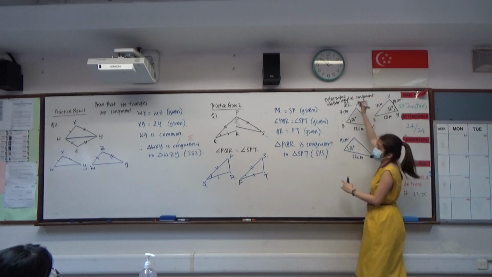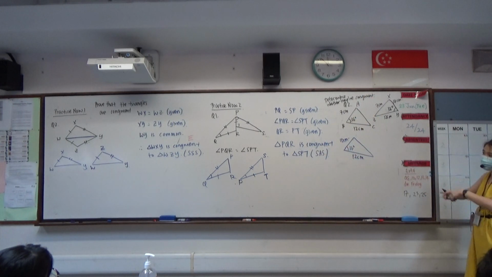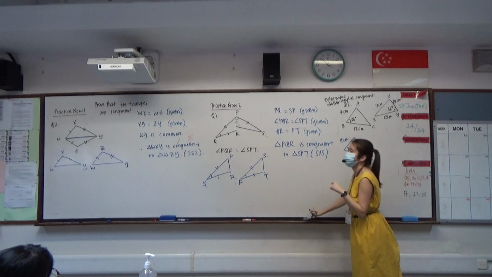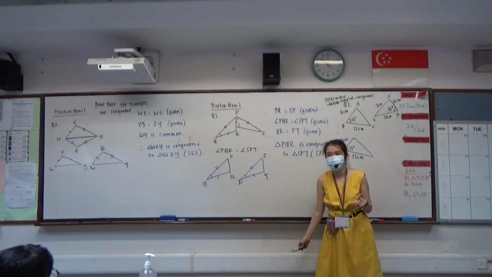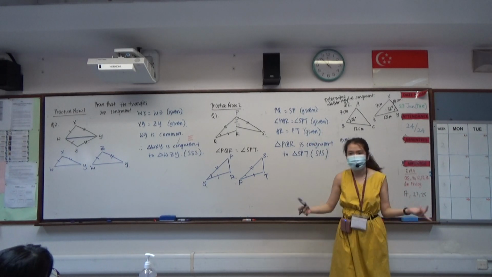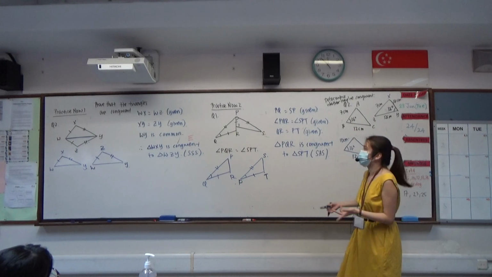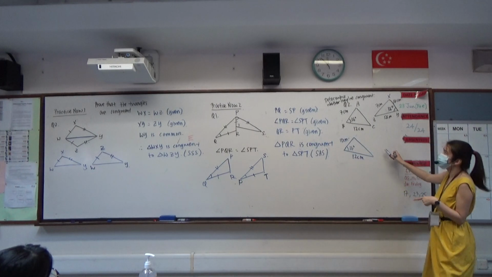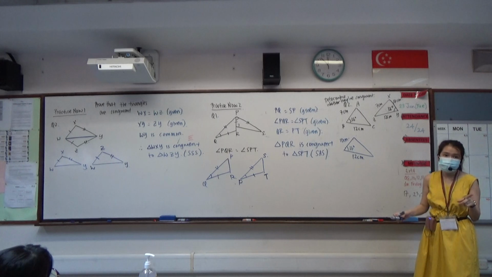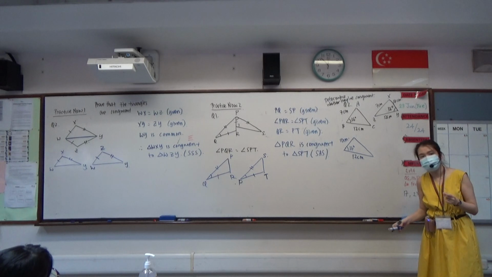When they ask you to prove that they are congruent, it means that surely they are congruent already, because if they are not congruent, then there's nothing to prove. Whereas for this question 2, they ask you to determine, so there is that chance that they are actually not congruent.